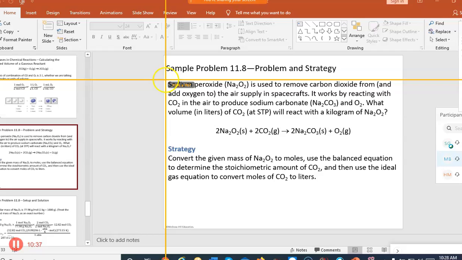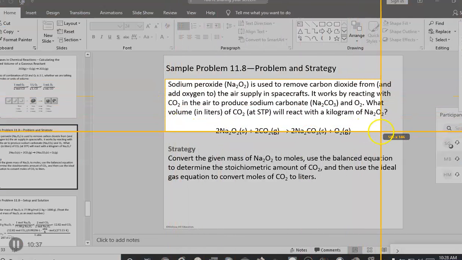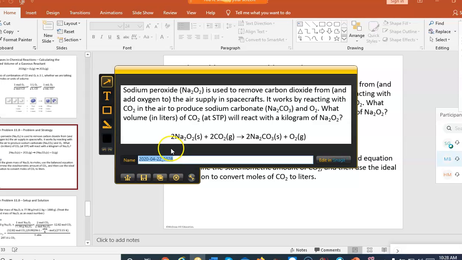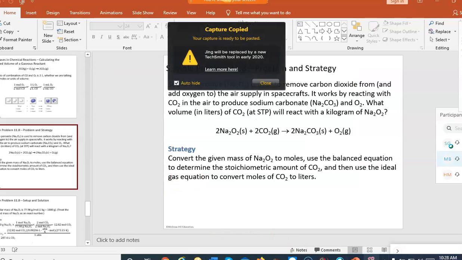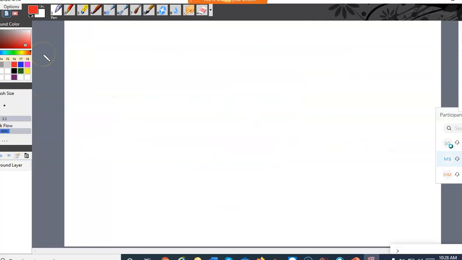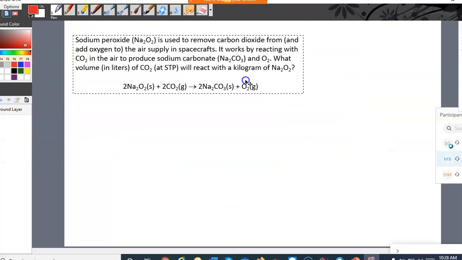So do you guys remember what STP means? Make sure you guys remember what STP is. STP stands for standard temperature and pressure. That means you are at a pressure of 1 atmosphere.